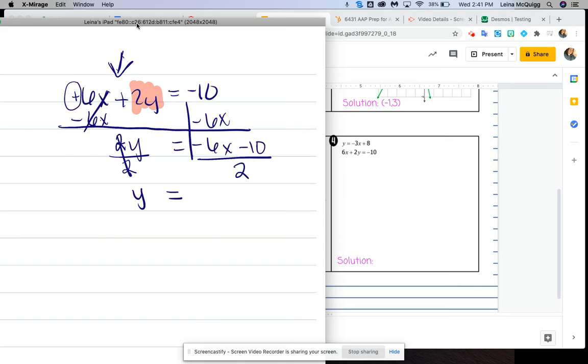So then over here on this side, I have -6 divided by 2 and -10 divided by 2. So -6 divided by 2 is -3. That's being multiplied by x. -10 divided by 2 is -5. So this equation in the form y equals mx plus b is y equals -3x minus 5.